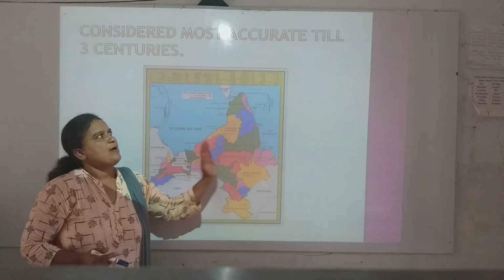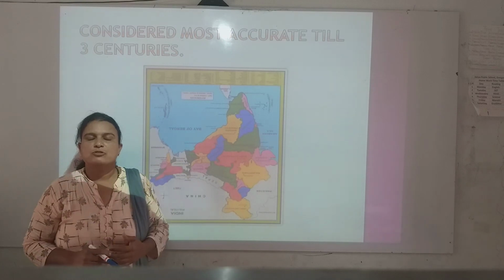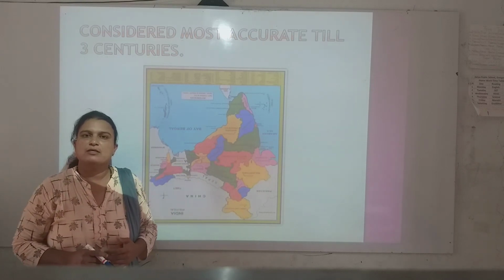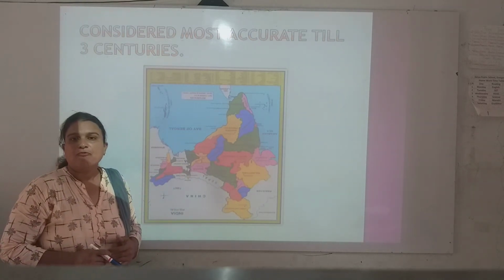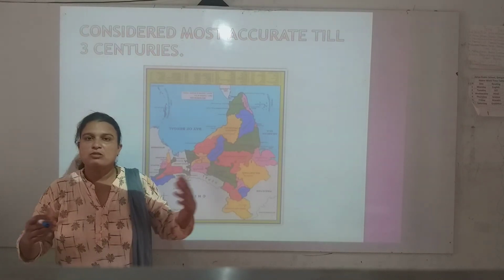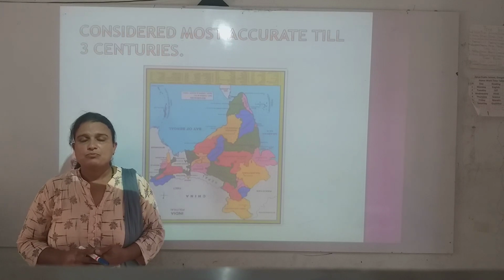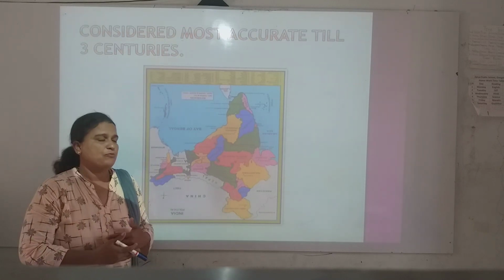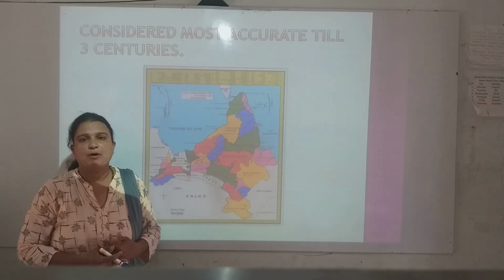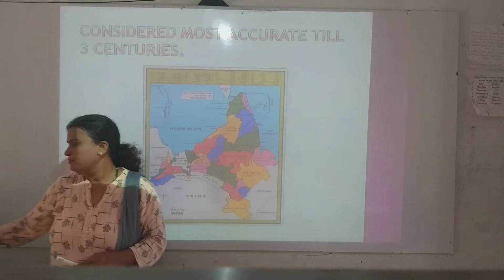Such an upside down map was made by Al-Idrisi, and it was followed by all the traders as well as the rulers for their convenience for nearly 300 years.